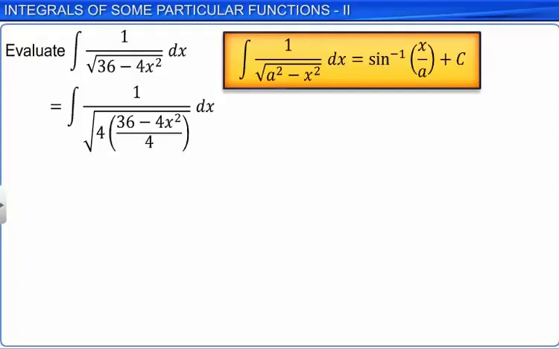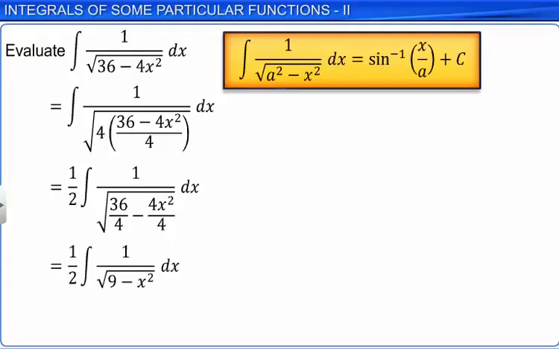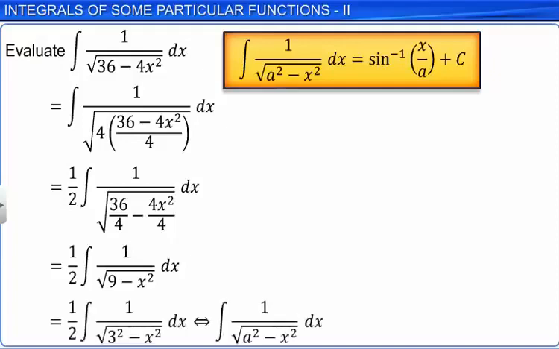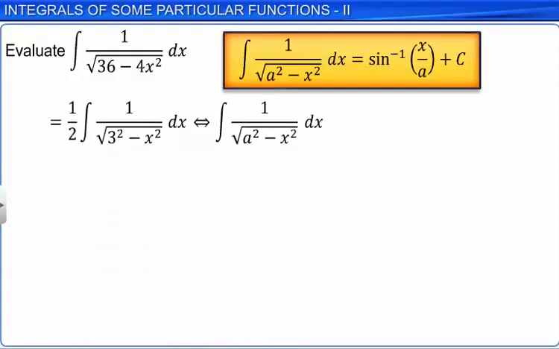On simplifying, this integral can further be written as 1 upon 2 into integral of 1 upon square root of 9 minus x square. Writing 9 as 3 square, we see that the integrand is now in standard form. Comparing with the standard form, we can observe that a is equal to 3. Using the formula, the solution of the integral is 1 upon 2 sine inverse of x upon 3 plus the constant c.